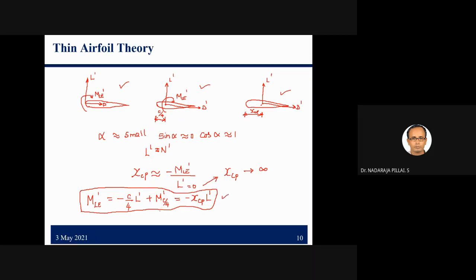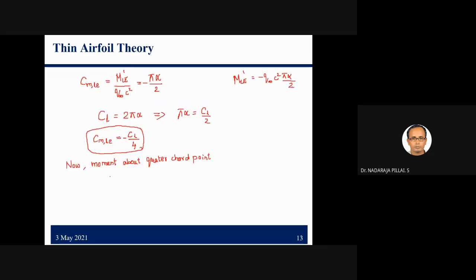So one can write coefficient of moment about the quarter chord point is equal to coefficient of moment about the leading edge plus CL by 4.